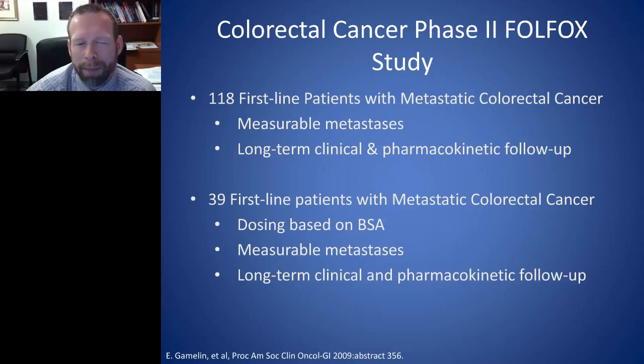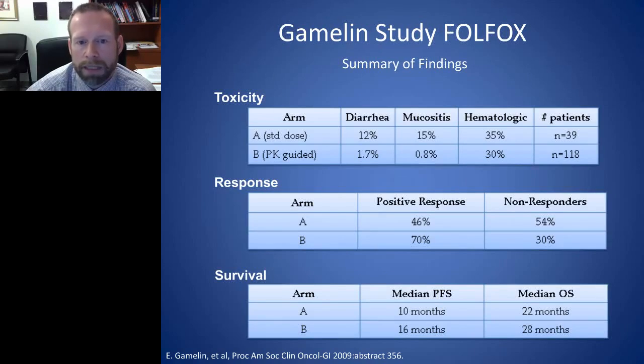So about a 3-to-1 ratio of patients that were getting pharmacokinetically guided therapy relative to standard dosing. But what was interesting is the findings. When you look at the toxicity of the group, arm A being the standard dose and arm B being the PK guided dose, you'll find that you see significant reductions in diarrhea and mucositis, but not hematologic toxicity.